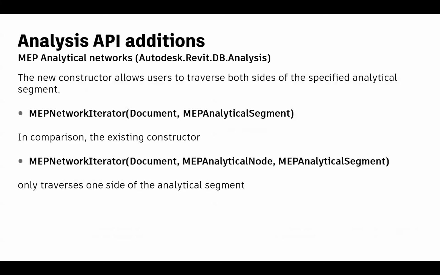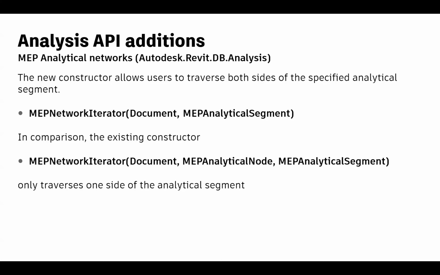Analysis API additions. For MEP analytical networks, the new constructor allows users to traverse both sides of the specified analytical segment. So we've added the iterator that allows you to traverse both sides of the specified analytical segment.